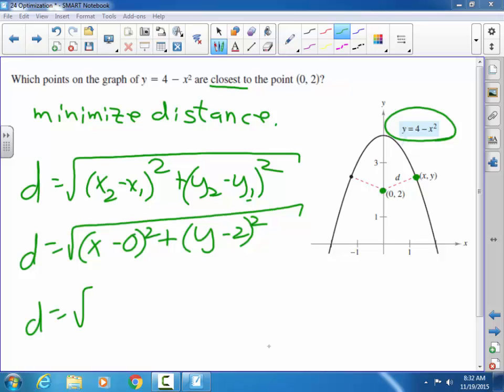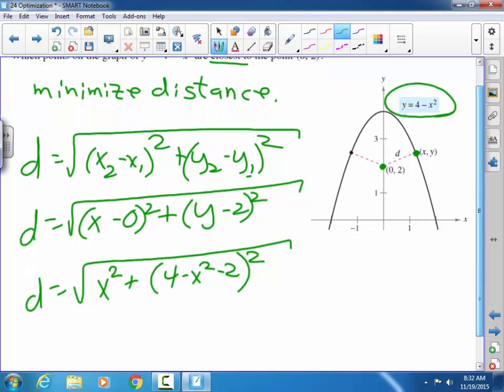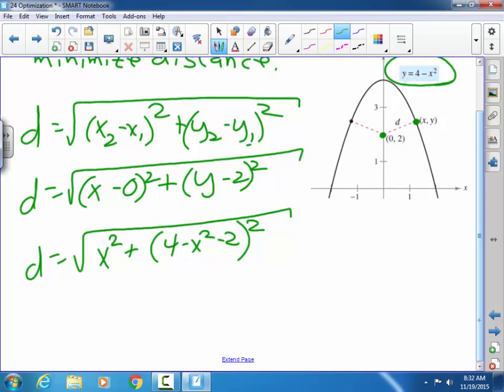We can say d is the square root of x squared plus (4 minus x squared minus 2) quantity squared. All right, so the minus 0 I just dropped off because that makes sense to me. Can we do some more cleaning up before we have to do something here?